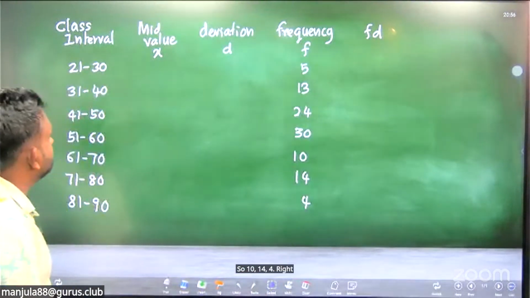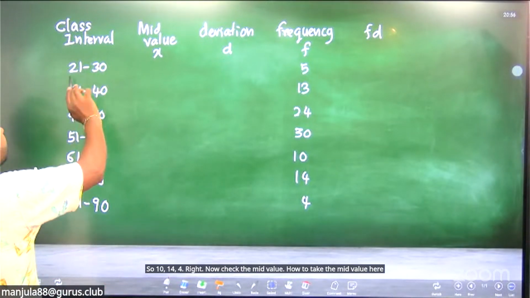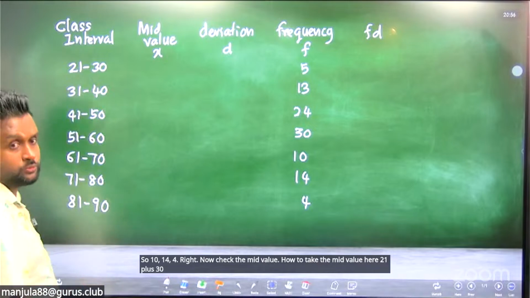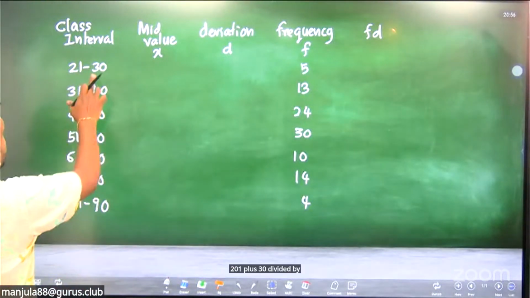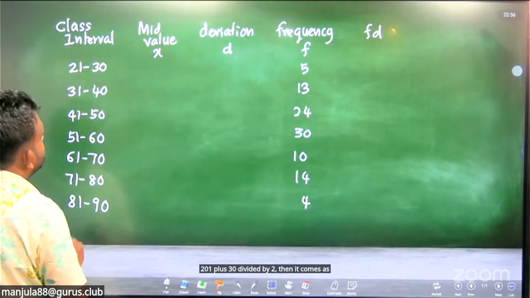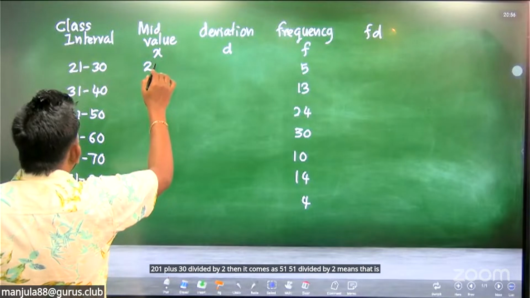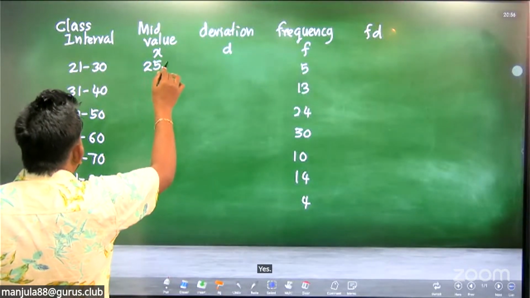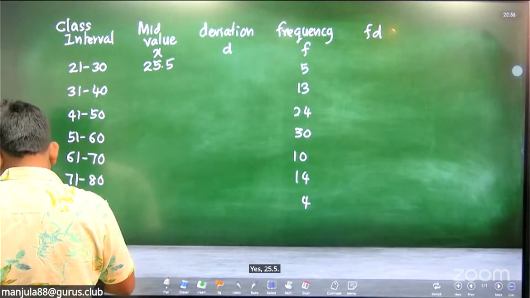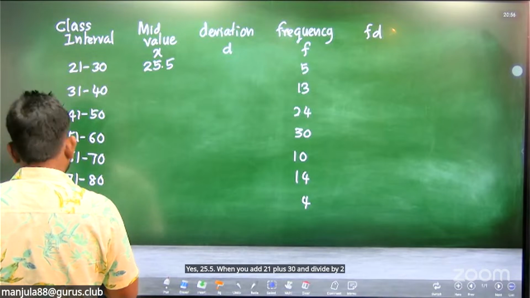Now check the mid value. How to take the mid value here? 21 plus 30 divided by 2. That comes to 51 divided by 2, which is 25.5.